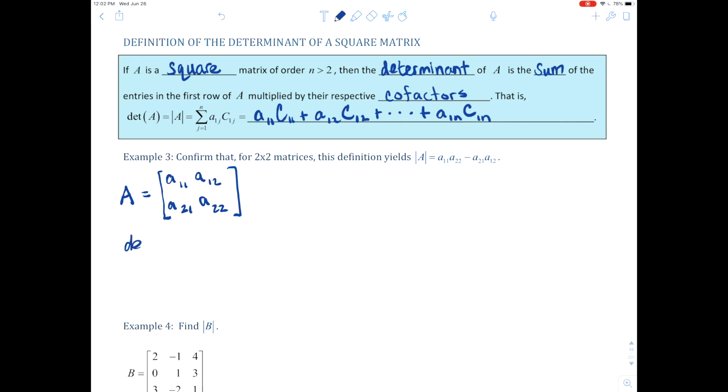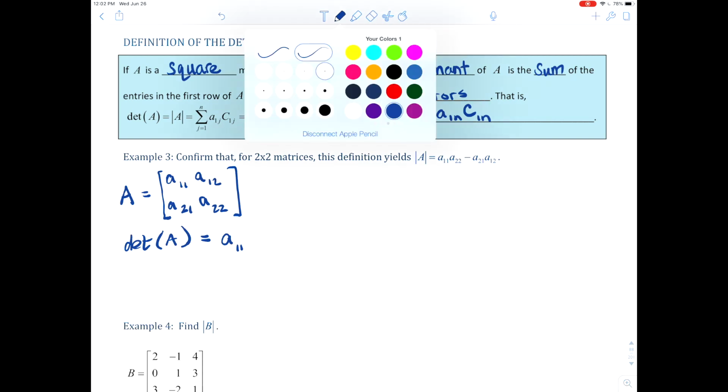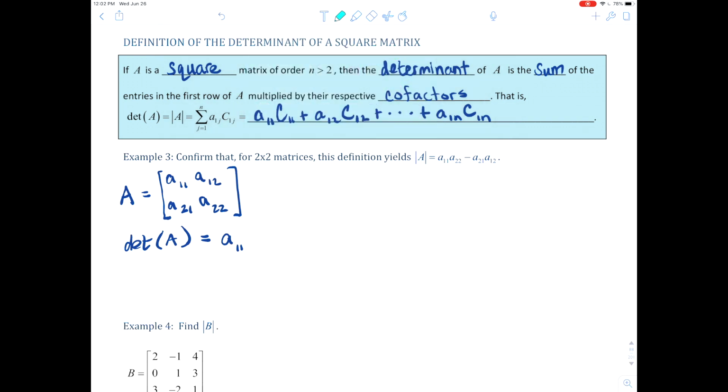The determinant of A will be, well, first I will expand about A11. And then my cofactor for A11, well, let's see what happens. So here, if I expand about A11, I'd be crossing out the first row and the first column.